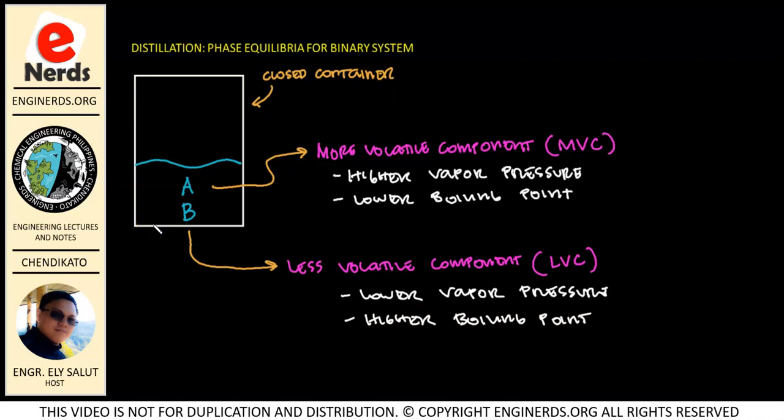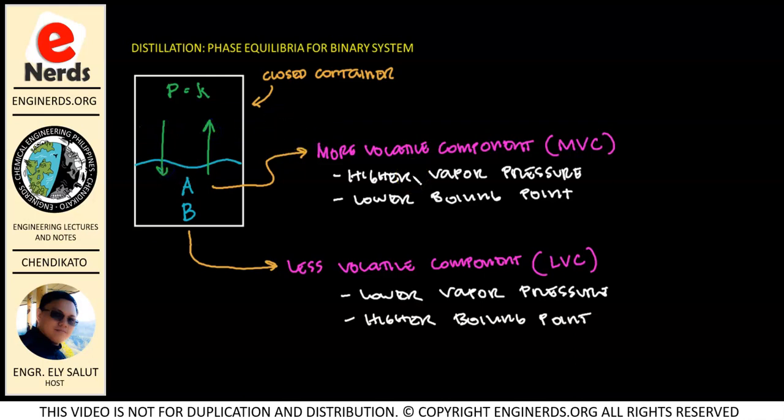Now, if this liquid is partially vaporized in a closed container like what we have here, where the total pressure is maintained constant, so let's say our pressure here is constant, the vapor and the liquid will ultimately be in equilibrium with each other. So through time, our vapor and our liquid will be in equilibrium.